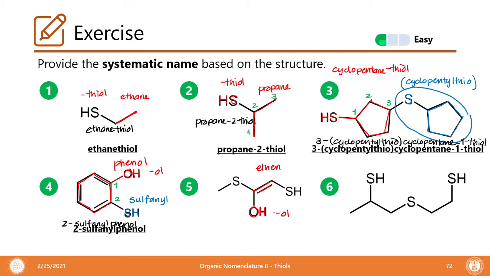Ethanol. So when we do numbering, since that's the priority functional group, this has to be number 1 and this has to be number 2. Then we have here our thiol, which as a substituent is named sulfanyl, and we have here a sulfide with a methyl group, which is methyl thio.